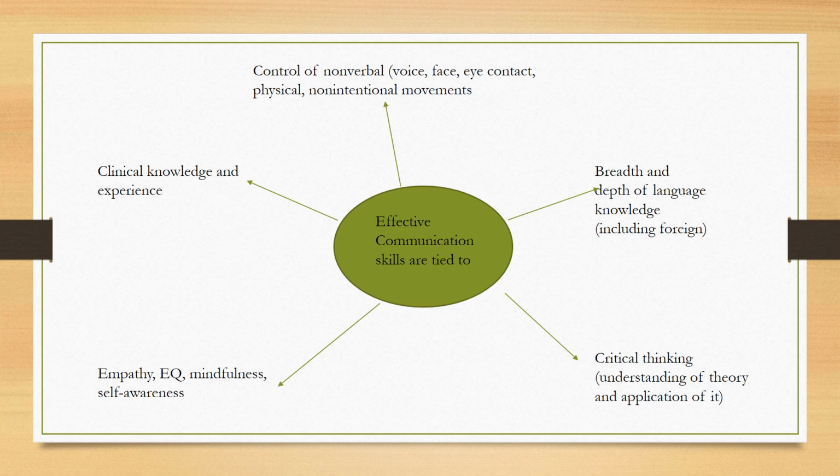You have to know your job, you have to know the field, and that's a primary thing. But you can know that and not be an effective practitioner and communicator with your patients or your colleagues as well. Effective communication skills equally, or almost equally, are tied to empathy, emotional intelligence, or we often say EQ, mindfulness and self-awareness, which we're going to talk about a little bit more.